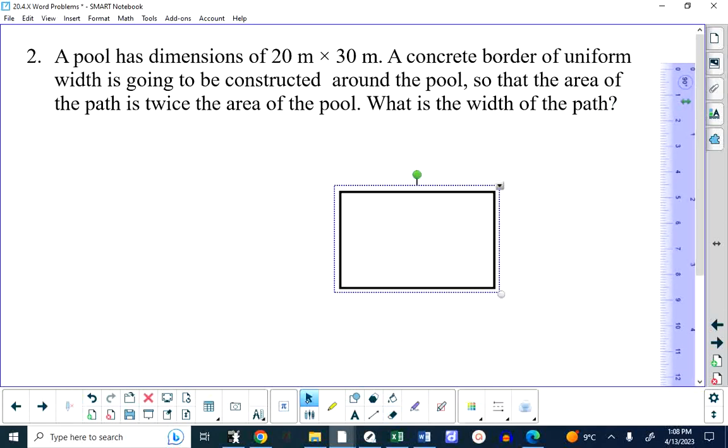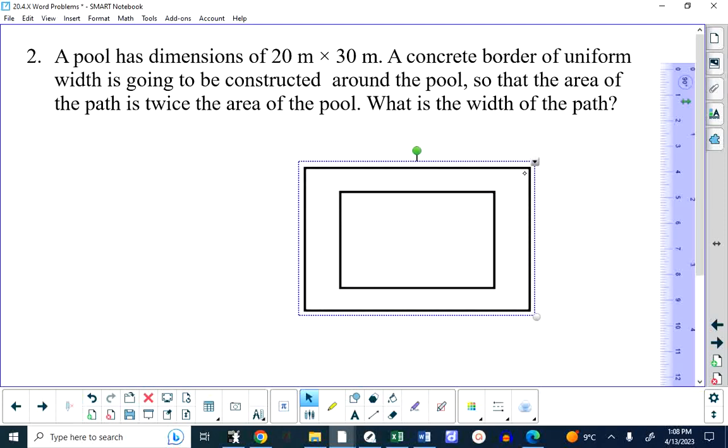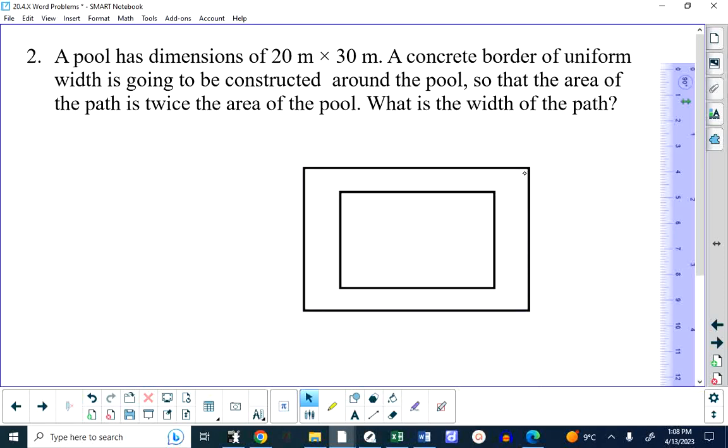The point is that if this is the border that's around there, that's not right. Because an equal width means that whatever this width is, this width has to be, and this width has to be.